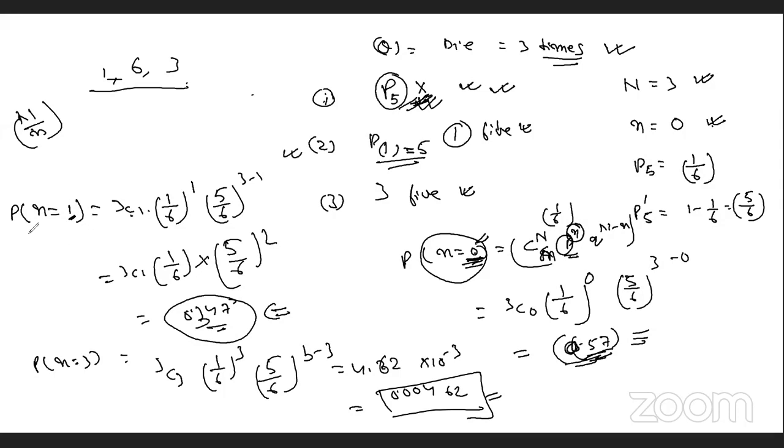When I expected 1 time 5 out of 3 experiments, out of 3 trials, trial 1, trial 2, trial 3, if I'm expecting only 1 time 5, yes, it was lesser than the 0 times case. So 34%.